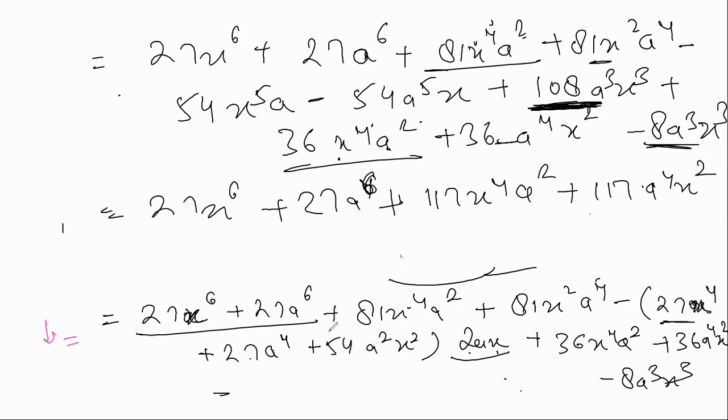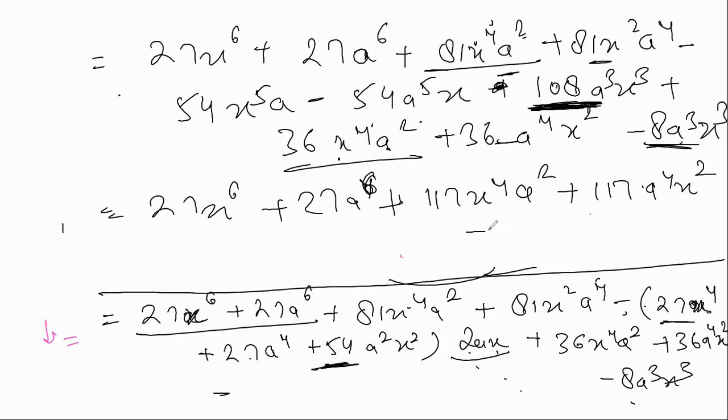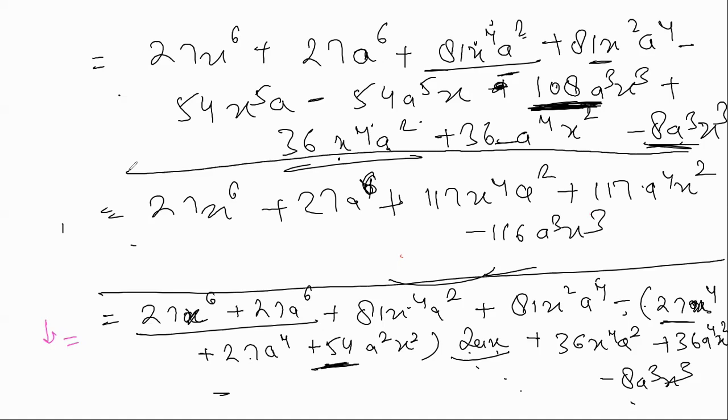Just a second. Wait a minute. Yeah, this is also minus because there is a minus and here we have taken positive. So this is negative. Okay. So minus and minus, which is plus. So it will be 116 a cube x cube. So this is the final result of the expansion.